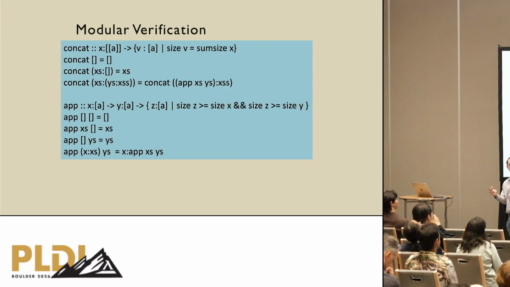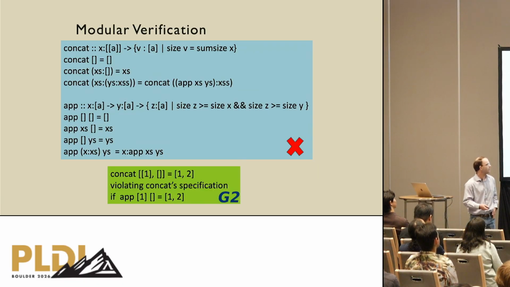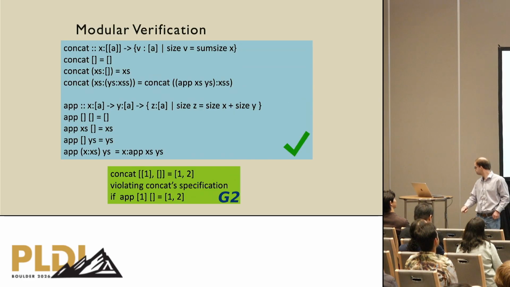That sum size function is basically taking a list of lists and summing up the sizes of all the lists contained in the lists. So concat is taking a bunch of lists and sticking them all together. It relies on this helper function app that also needs a specification for verification to succeed. And the specification I have here is insufficient, so we could get an abstract counterexample there as well. I'm going to gloss over the details of this for now. The details of this abstract counterexample are not that important.